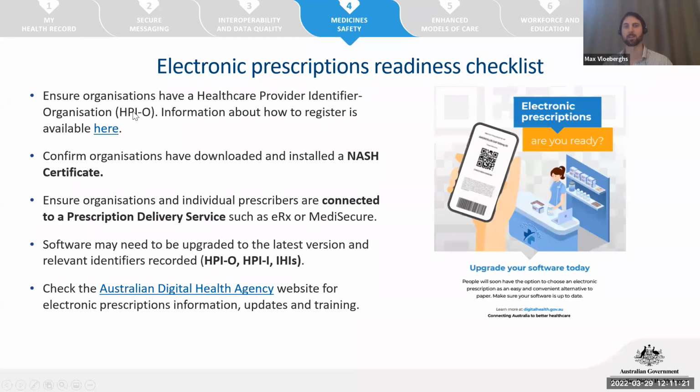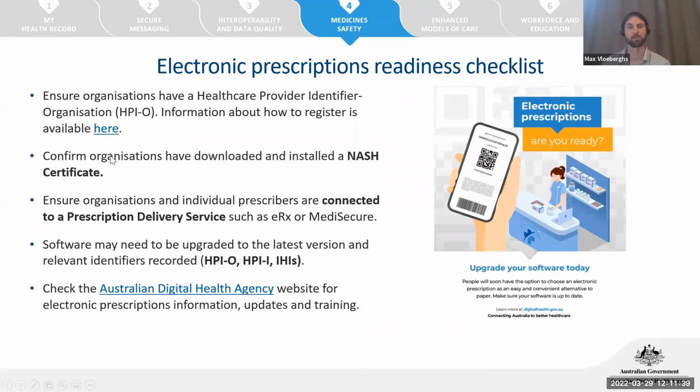You'll need to confirm that your organization has downloaded and installed a NASH PKI certificate. That is the National Authentication Service for Health Public Key Infrastructure Certificate, which allows for access to digital health services.